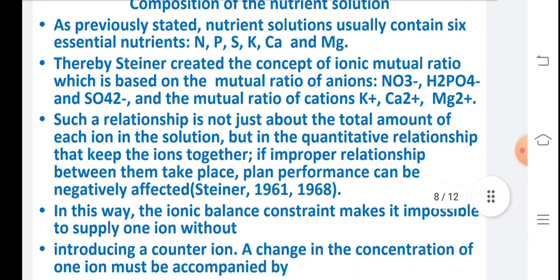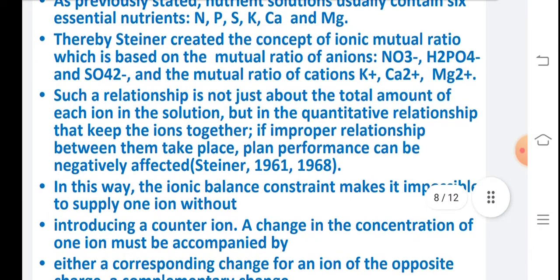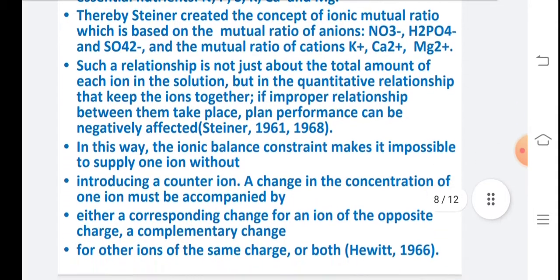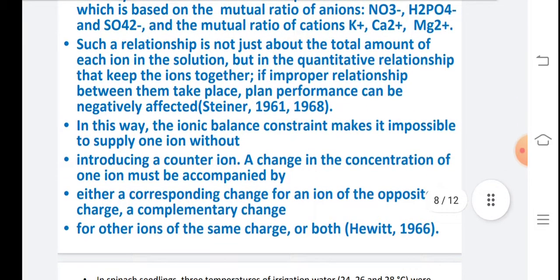Such a relationship is not just about the total amount of the solution; if the ions are not kept together in relationship, performance can be negatively affected. It was shown in 1961 and 68. In this way, the ionic balance constraint makes it impossible to supply one ion without introducing a counter ion, and a change in the concentration of one ion must be accompanied.